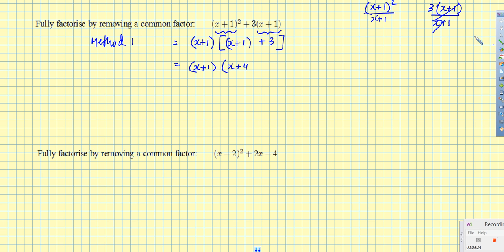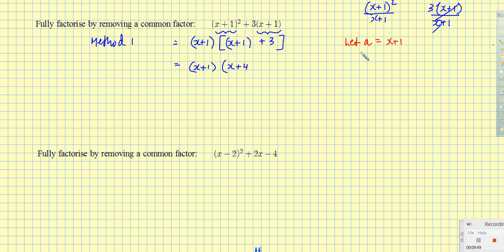Now, a second way that we could work this question out is by using some form of substitution. What substitution says is basically this: when I see the common part that needs to be removed, I can replace that entire expression with one single letter. So how about if I say, let A equal x plus 1.